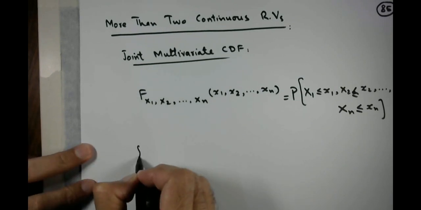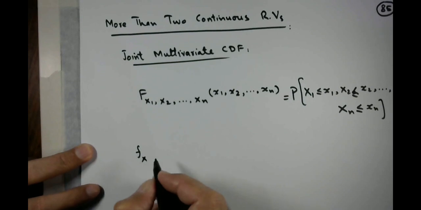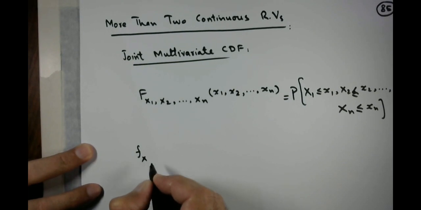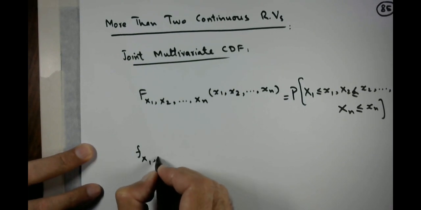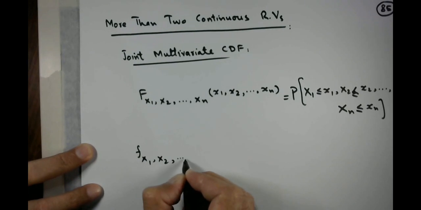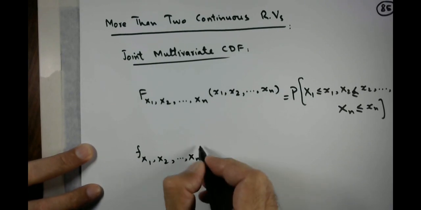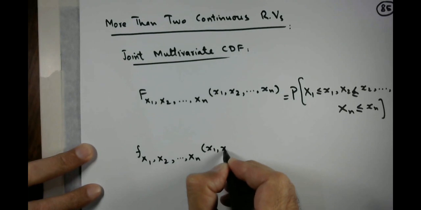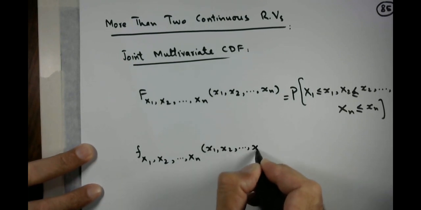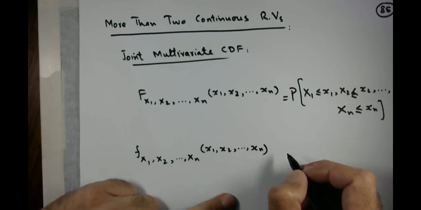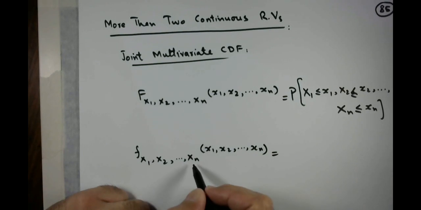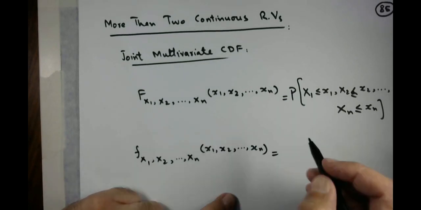So if we want to have the giant multivariate PDF f sub x1, x2 till xn of x1, x2 till xn, this will now be a partial derivative, nth partial derivative or n partial derivatives of this CDF.